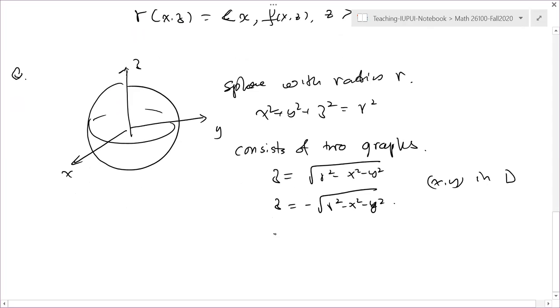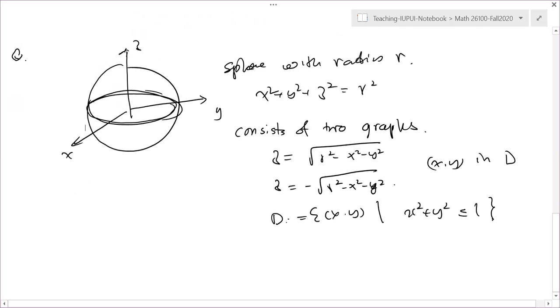So the domain is a disk. So one gives you the upper hemisphere, the other gives you the lower hemisphere. The common area is the equator. Okay, it's a circle, on the boundary. Okay, so this is it, right?